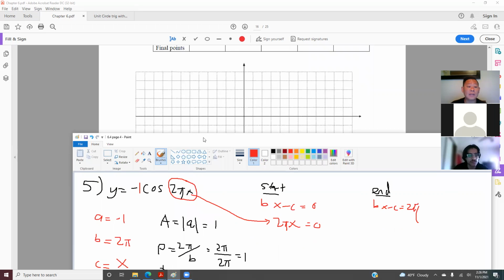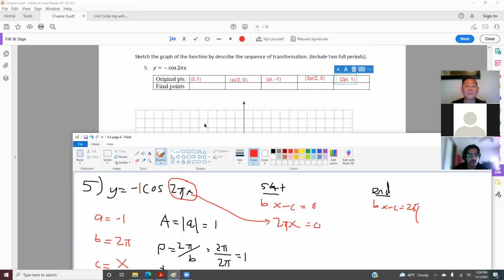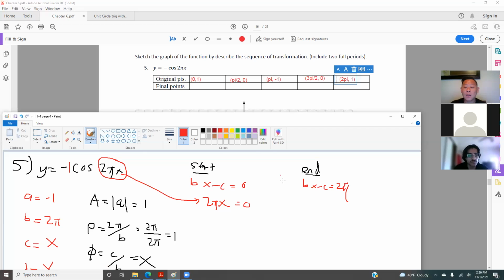And what you do here is you figure out the starting point and the ending point. So you take that equals to 0 and you take it equals to 2 pi and you solve for x in this case. So you divide this by 2 pi, so x in this case is 0. And you divide this by 2 pi, x in this case is 1. So what is this telling us?